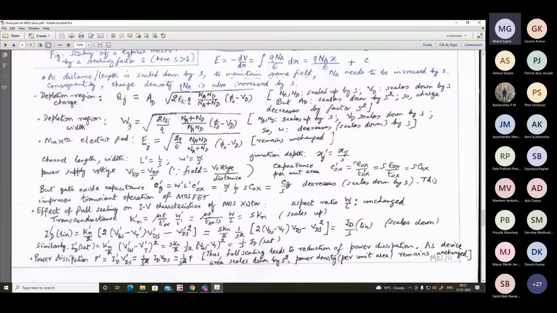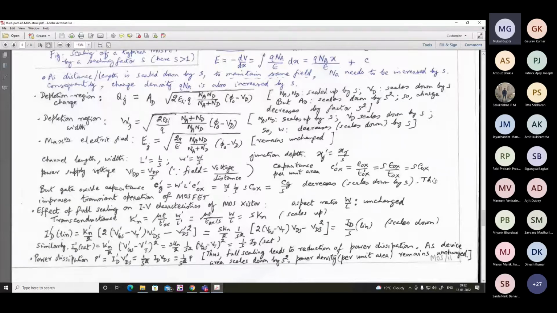That is epsilon ox by T prime ox. Epsilon ox, the dielectric constant, does not change, but Tox becomes changed by a factor of S. If S is greater than 1, say 1.4, 1.3, it becomes S into Cox. That means capacitance per unit area will increase by a factor of S.